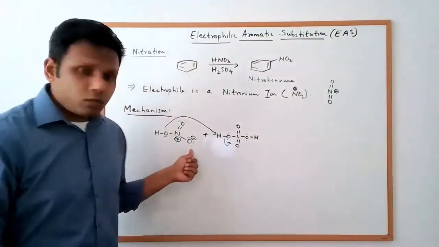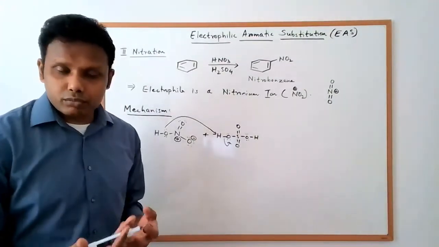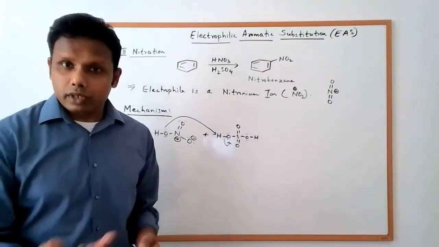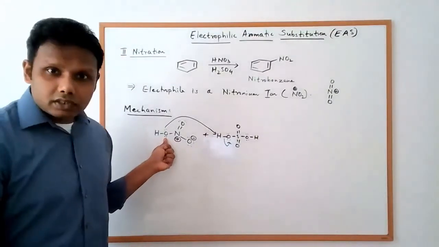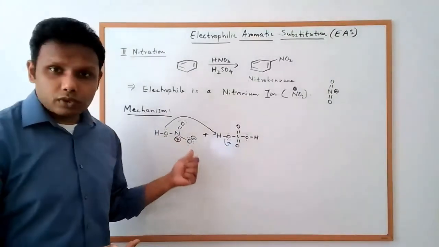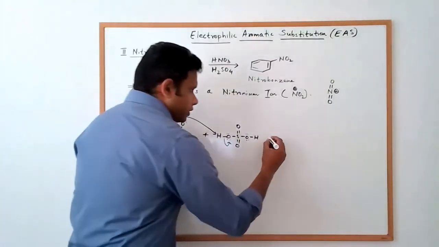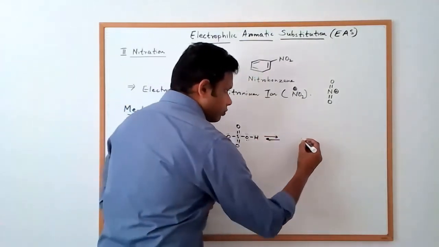Now you might wonder why there is an oxygen with a negative charge and why isn't that getting protonated? That can also get protonated. That's equally possible. We're saying whenever this oxygen, which is part of the hydroxyl group, gets protonated, then this reaction is going to move forward, or that is what we want here.